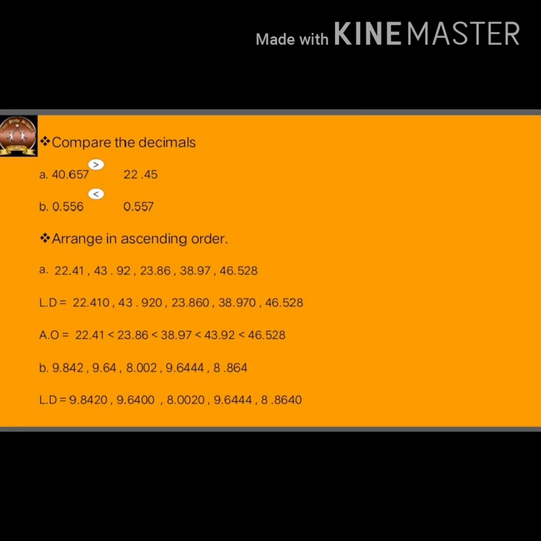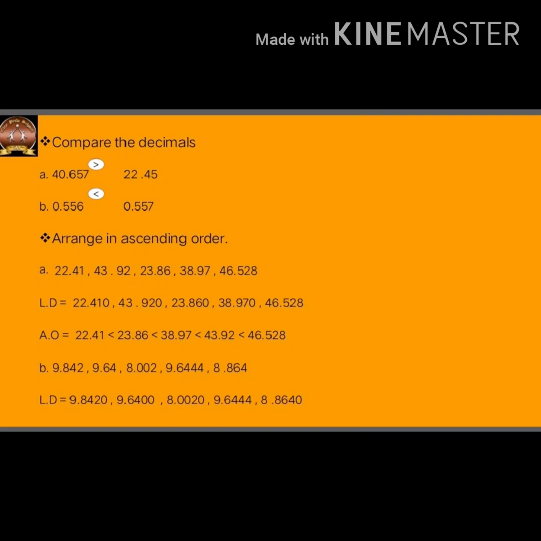Now let us see how the decimal numbers are arranged in ascending and descending order. Let us see example number A. Here the very first observation that should be done is to make all the given decimal numbers like decimals if required. Yes, I could see the maximum number of decimal places is 3. So I will be making all the decimal numbers like by adding zeros at the 1000th place.